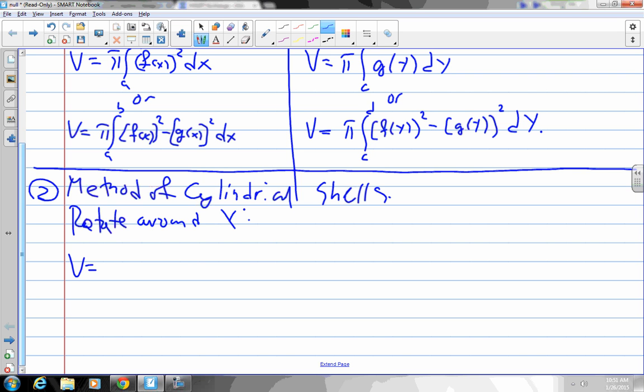And the integral was V equals 2 pi, an integral from a to b, y times f of y dy, if we rotate around the x.